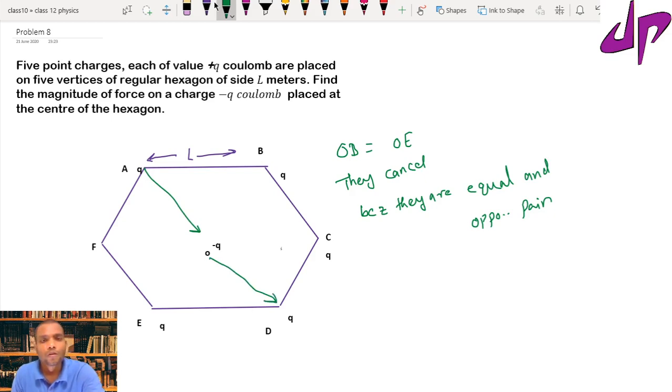So OA force equals O to D, they are equal and opposite, so they cancel.